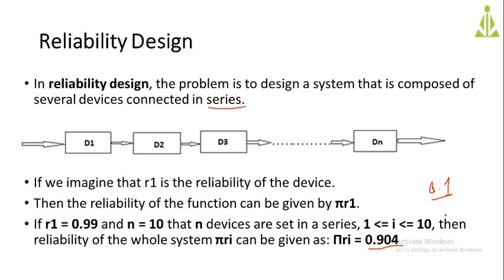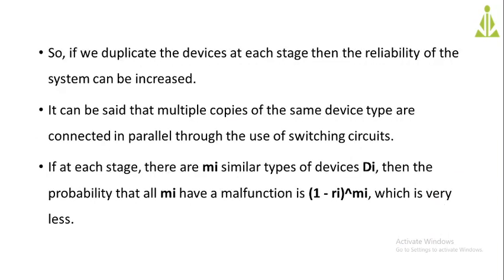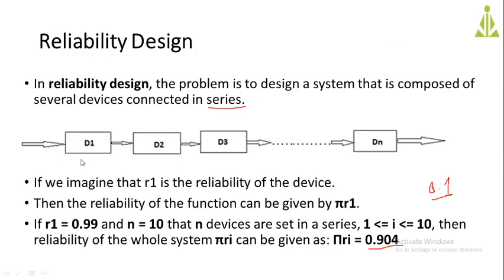For this problem, if we duplicate the devices at each stage, then the reliability of the system can be raised. In this example, all devices are connected in series with a single device at each stage. We can consider this the first stage, second, third, and so on.